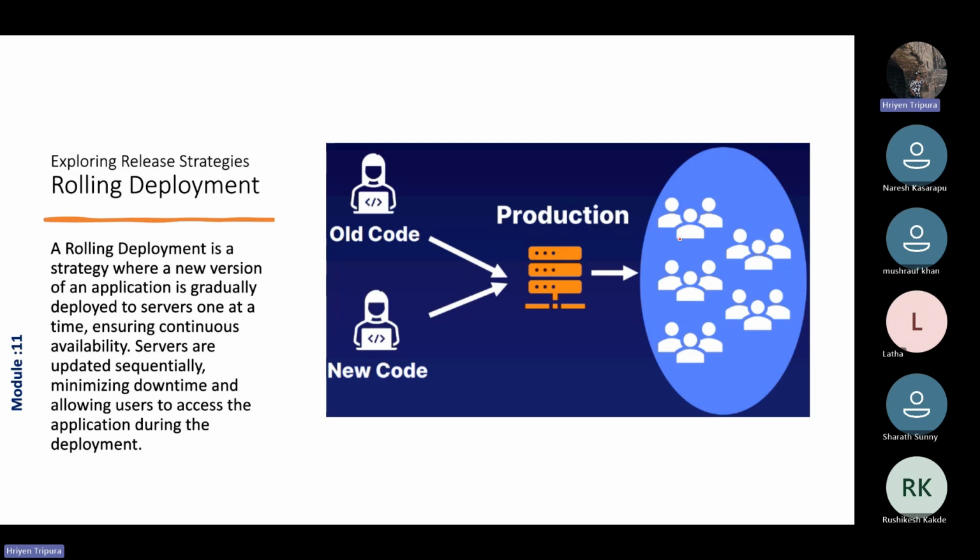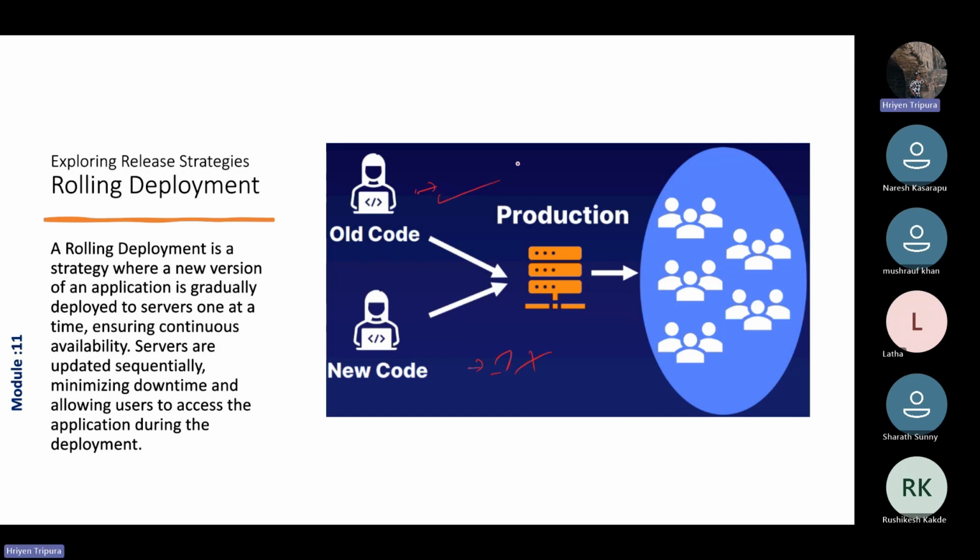Even if you have some issue, you still have other servers running the same application, but using the old version. The new code is deployed to that one server only, so any issue will affect only that particular server.